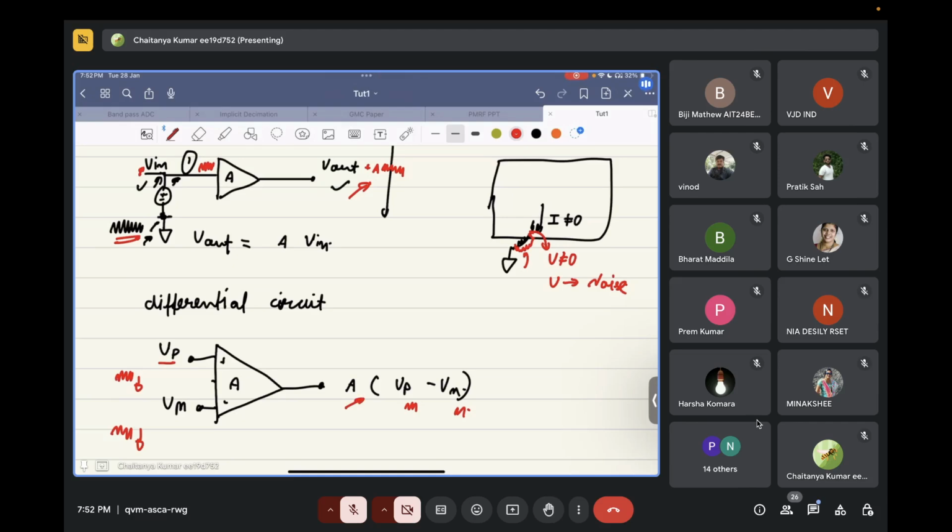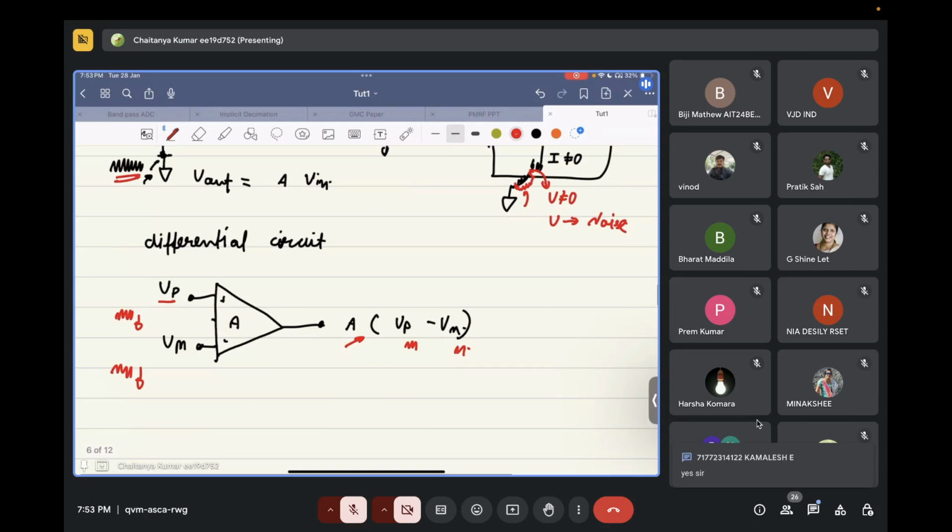Is this clear to you guys? Okay. So, a differential circuit basically eliminates supply noise, ground noise, and gives you a clean output signal.